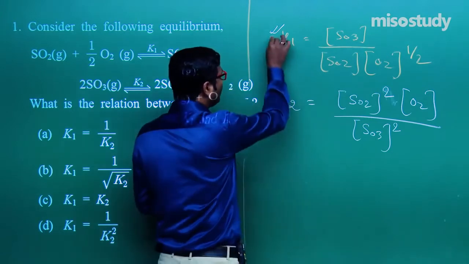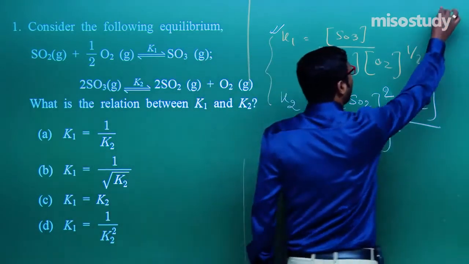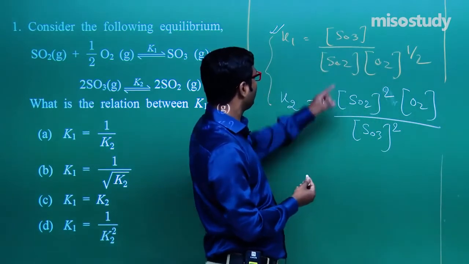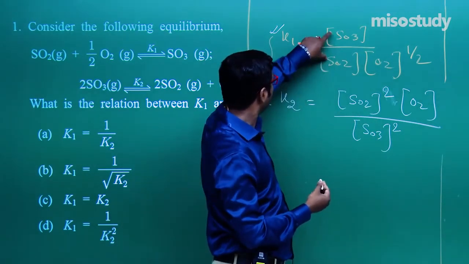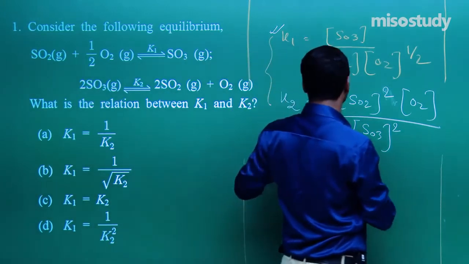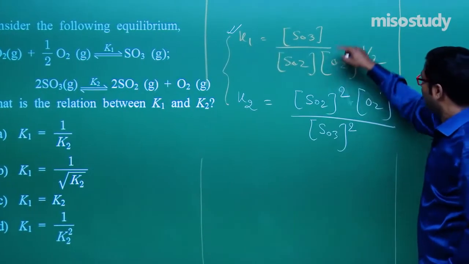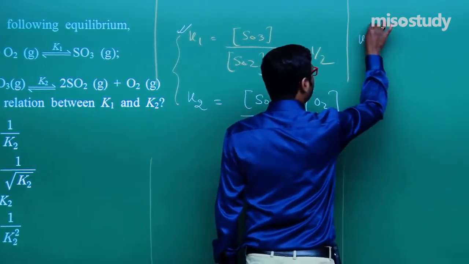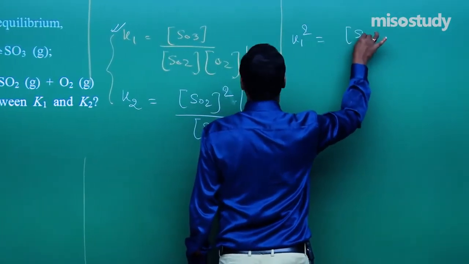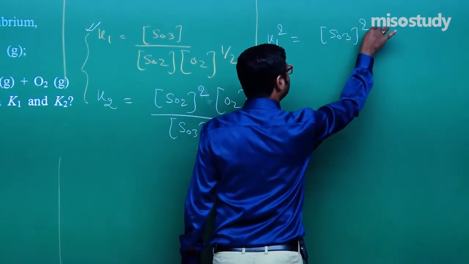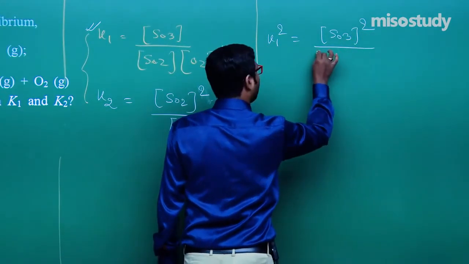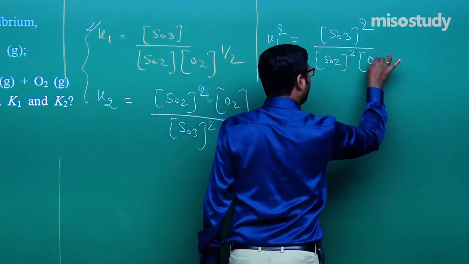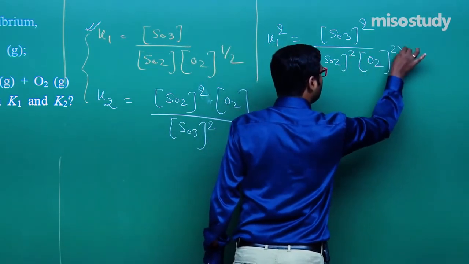Now by looking at this expression, what is the relation between K1 and K2? Look at first of all, this one is K1 and this one is K2. If I square this one, then what will happen? K1 square is equal to SO3 square upon SO2 square into O2 to the power 1 by 2 square.